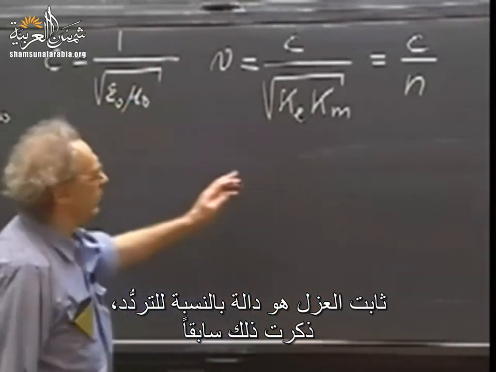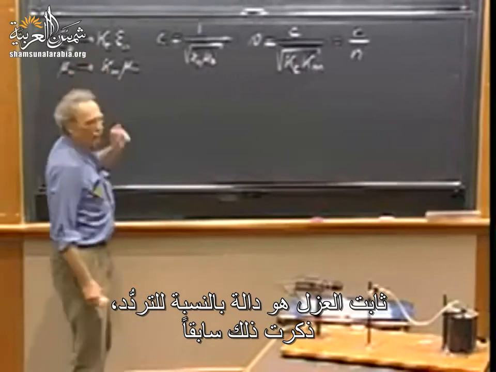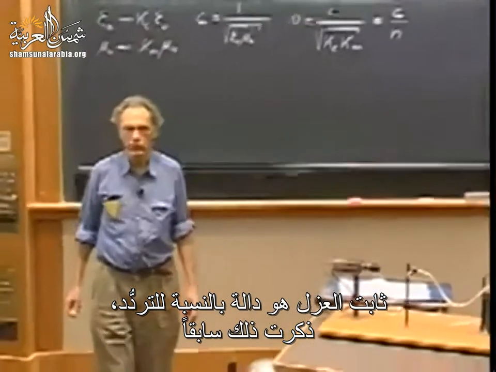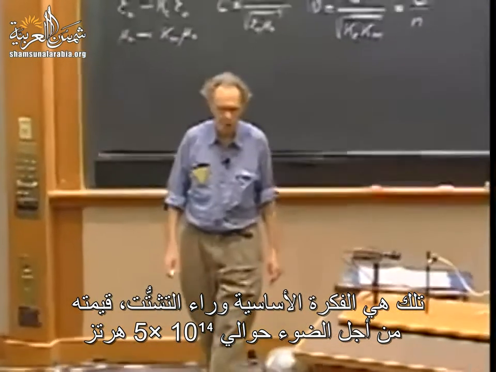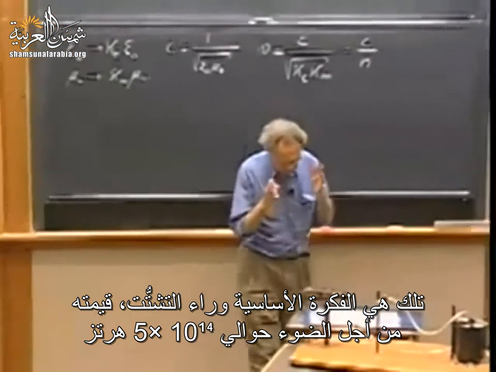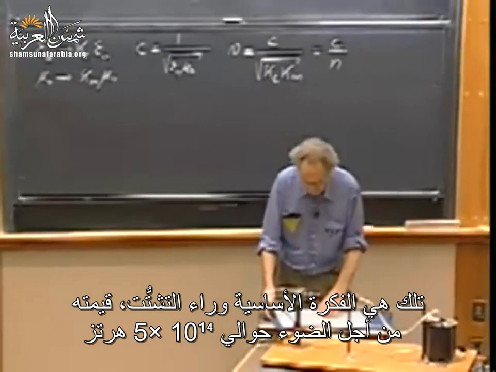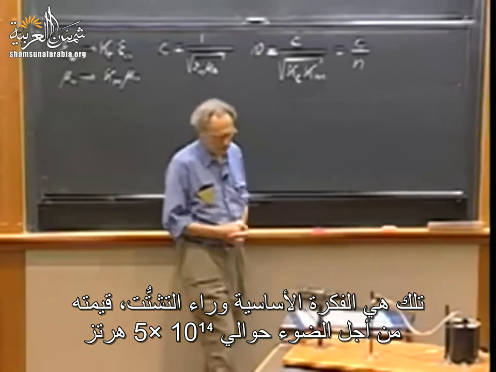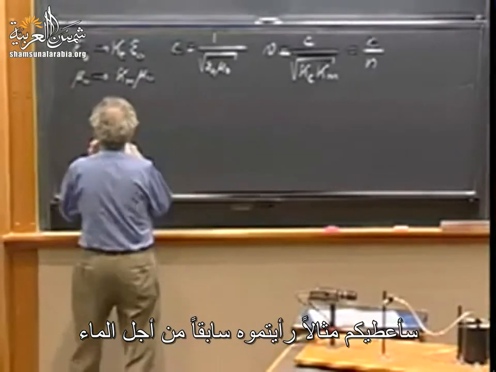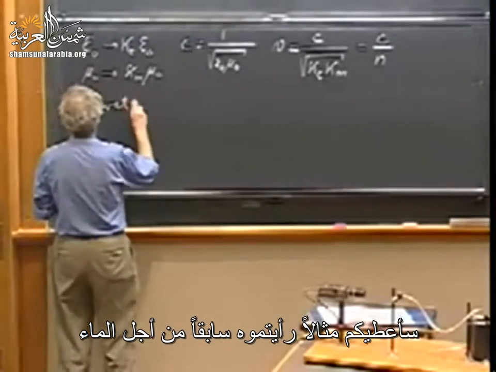The dielectric constant is a strong function of frequency. I've mentioned that earlier. That is the whole basic idea behind dispersion. If I stick for now to light, it's about 5 times 10 to the 14 hertz, and I give you an example, which you have seen before.